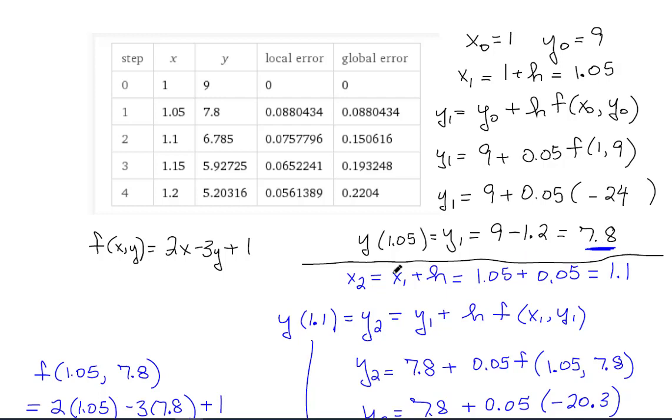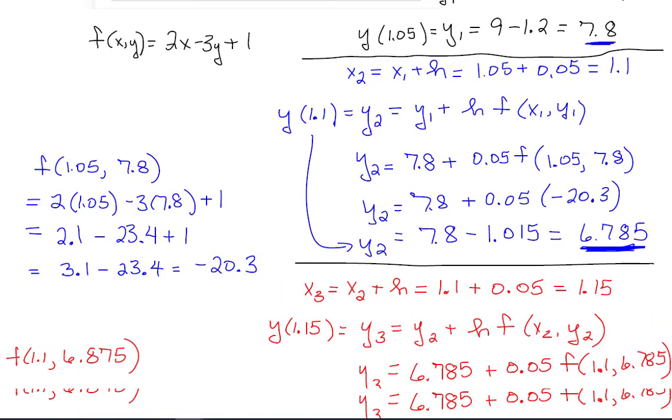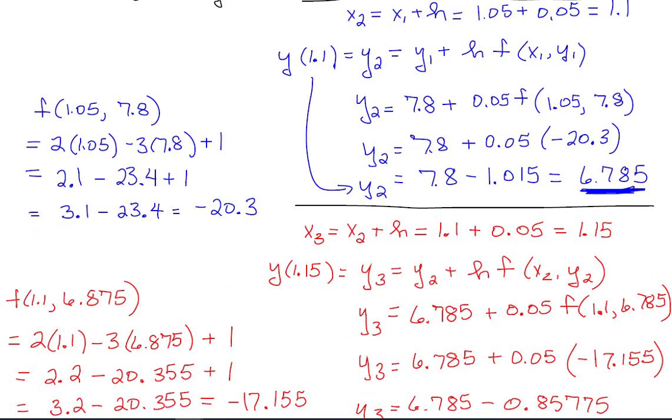So now to get your next x, you again add a step. All right, so that puts it at 1.1. And so now y at 1.1 is y2, and so that's y1 plus h times f at x1, y1. Where we left off was 7.8, and now I need my flow field there at 1.05, my x1 and y1.